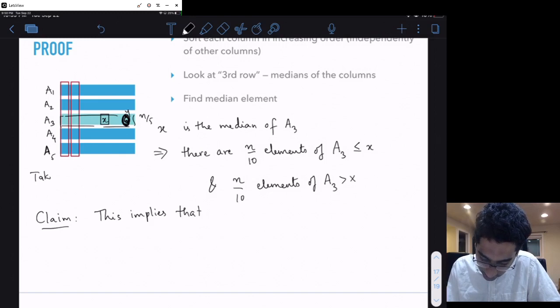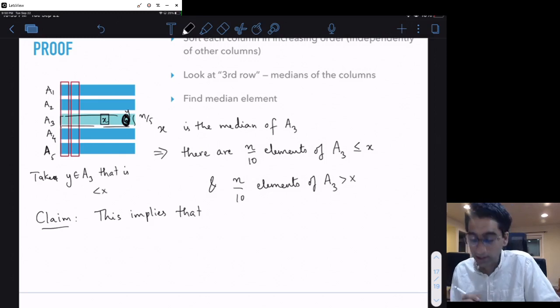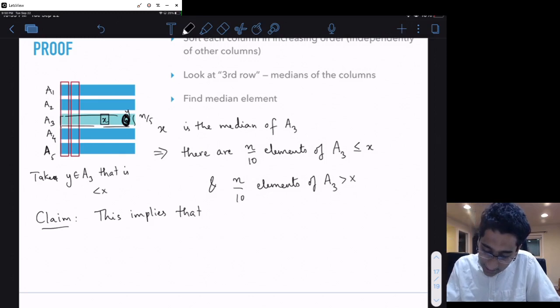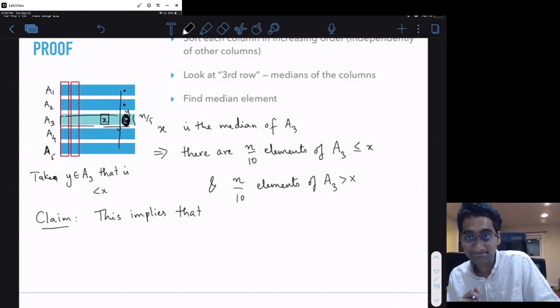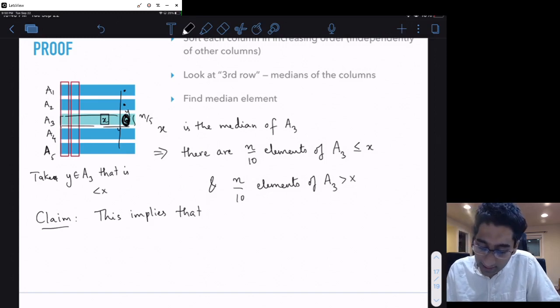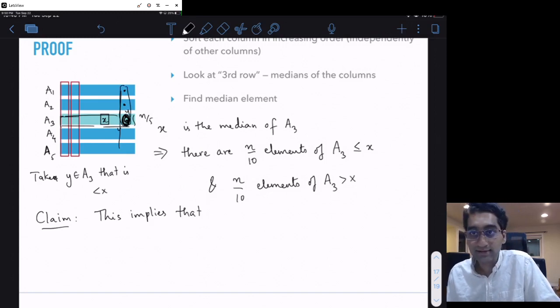Now the key thing is that because these columns were sorted, the two elements above y are also less than x, because y was less than x. So the two elements above y were also both less than x. And this is true for any y in A3 that was less than x.